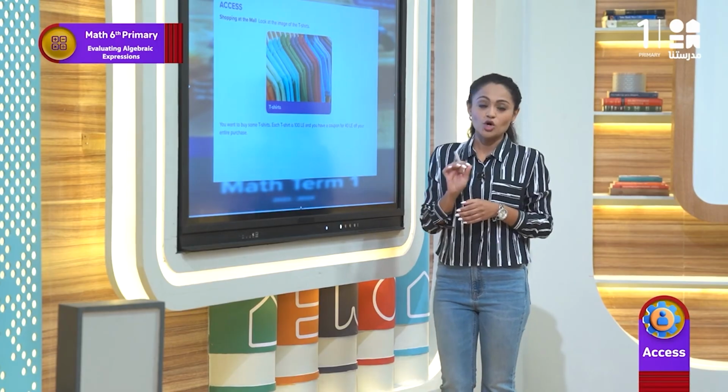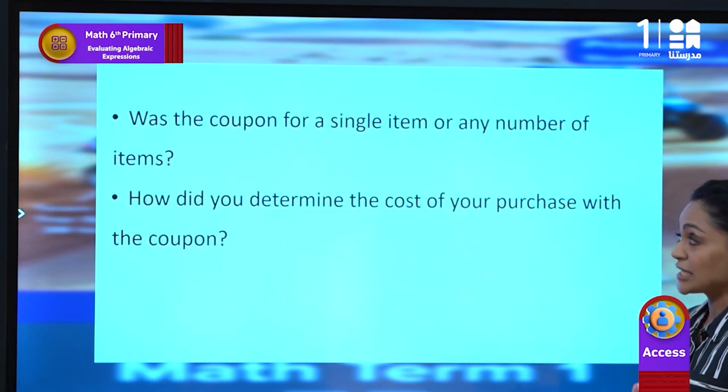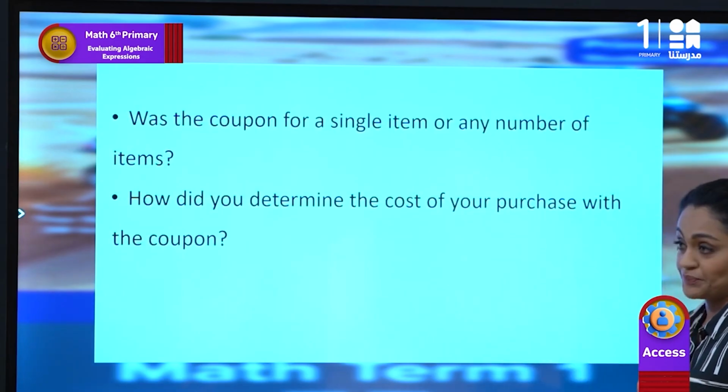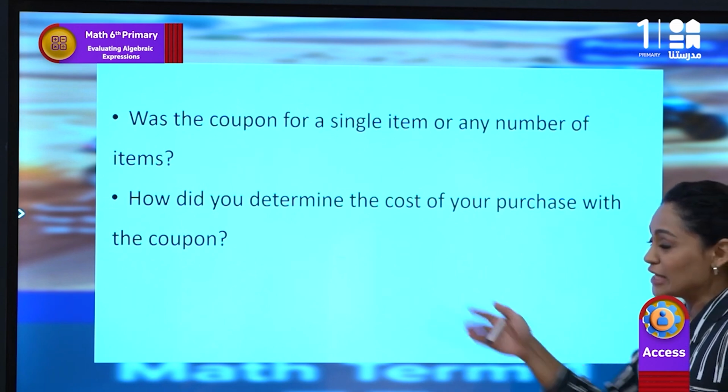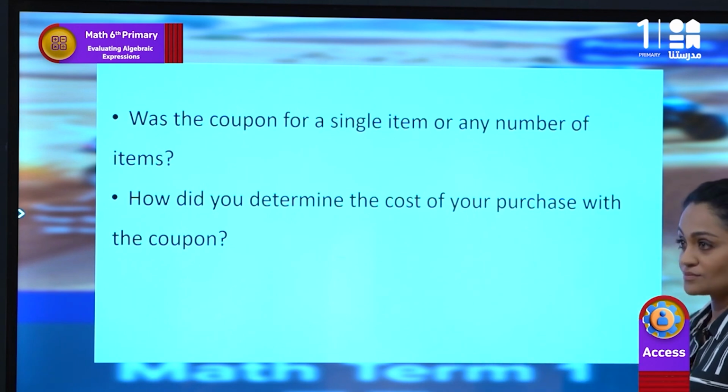Let's think together. Was the coupon for single item or any number of items? How did you determine the cost of your purchase with the coupon?